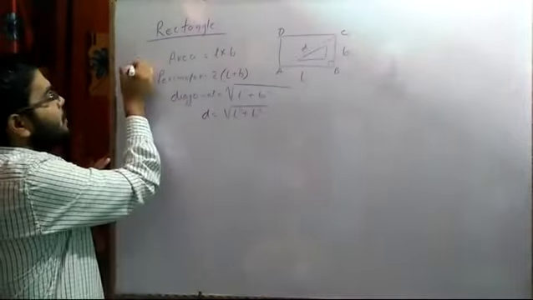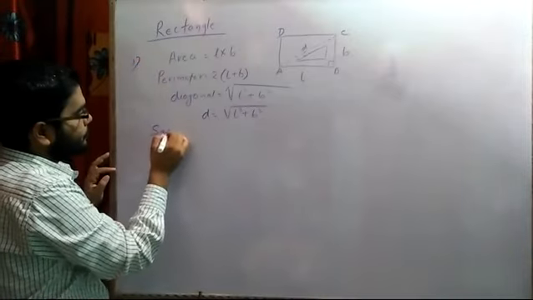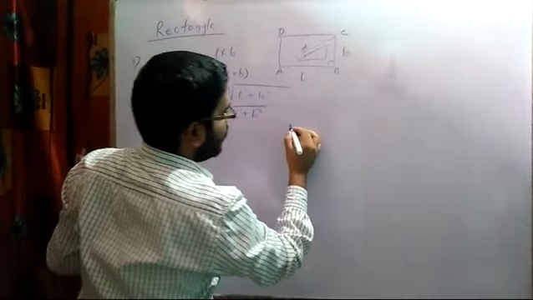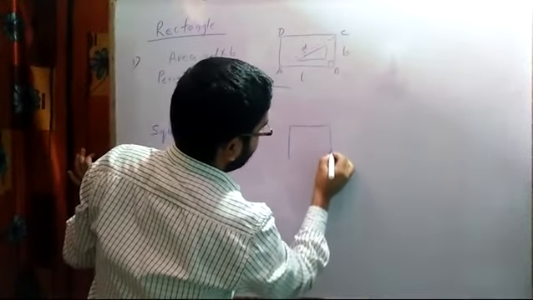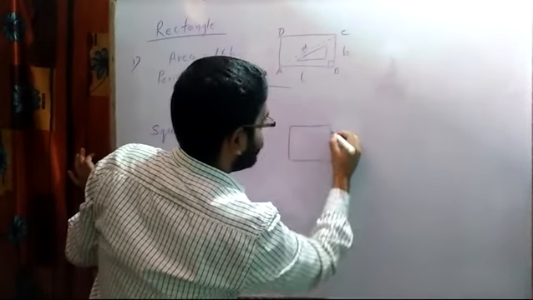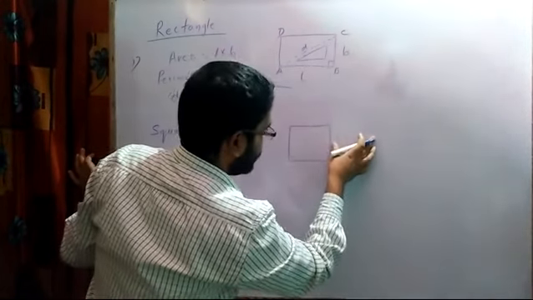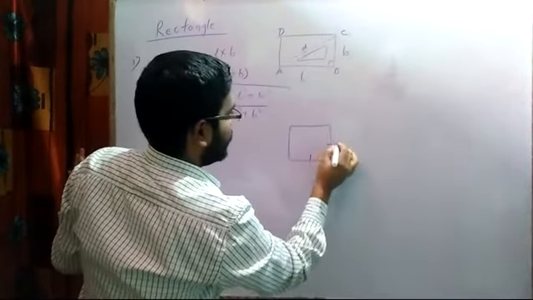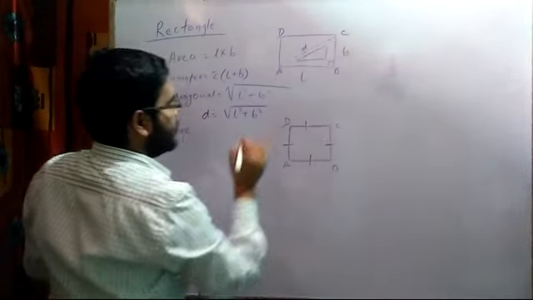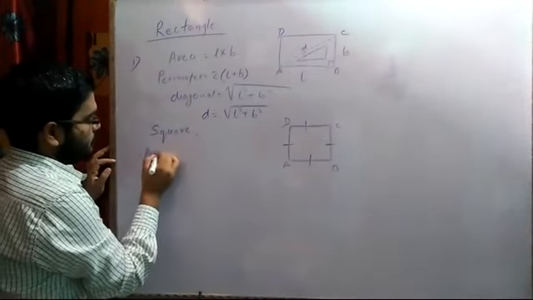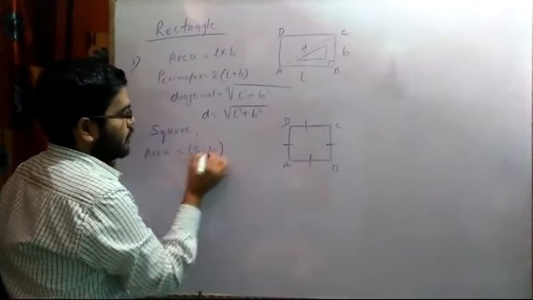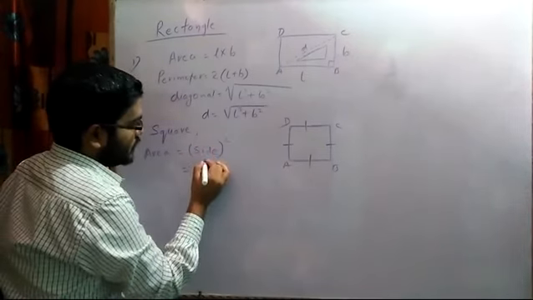Now second is area of square. Square means having all the four sides equal. A, B, C, D. Now area of the square is equal to side square. This is also written as L square.